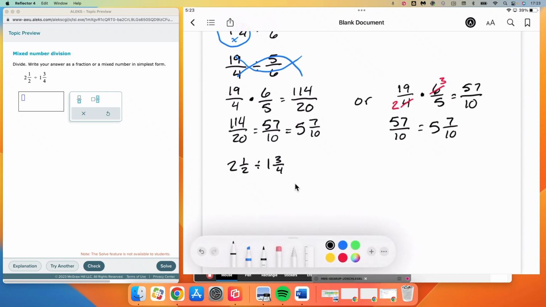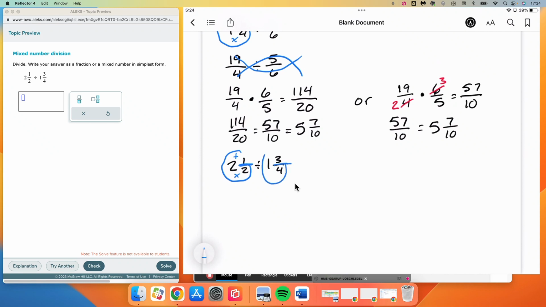So for both of these, we do have 2 mixed numbers. So we do need to do the G method for both. And so I get 2 times 2 is 4 plus 1 is 5 over 2. 4 times 1 is 4 plus 3 is 7 over 4.